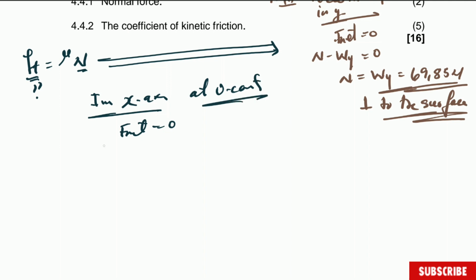They tell you that. So here we have that the applied force minus the frictional force minus the weight in the x-axis is equal to 0. We're looking for friction, guys. So if you rearrange this one, you have that frictional force is going to be equal to the applied force minus weight in x-axis.